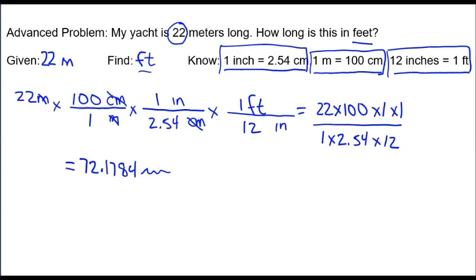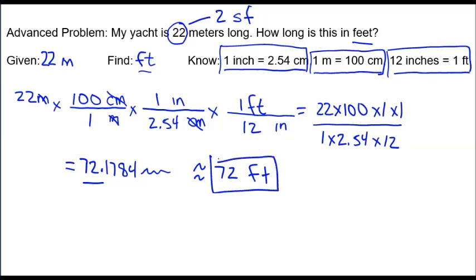Okay? So what we're going to do is we're going to round to the correct number of sig figs. So we have two significant figures in the value 22. So we're rounding to the first two positions. So we're going to have 72 feet. Put a box around it so everybody knows you're done.